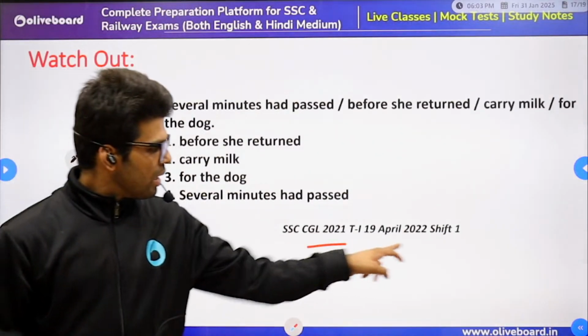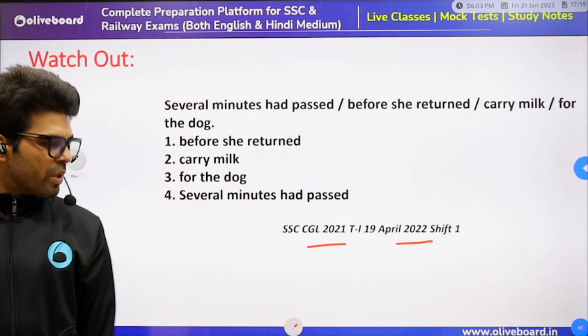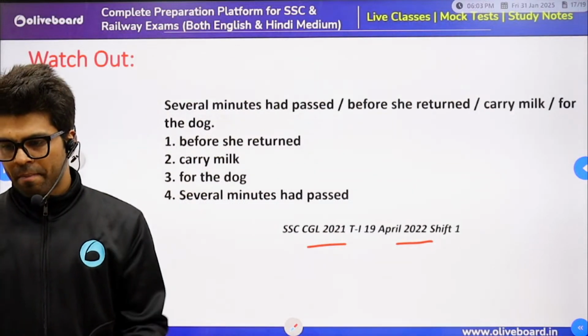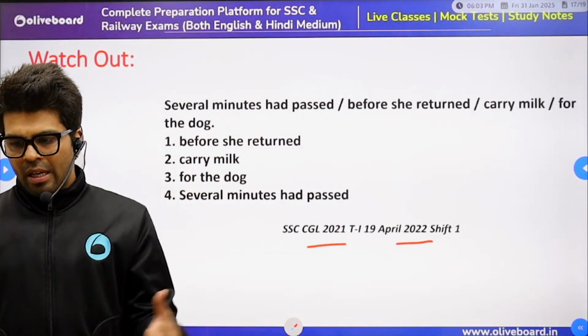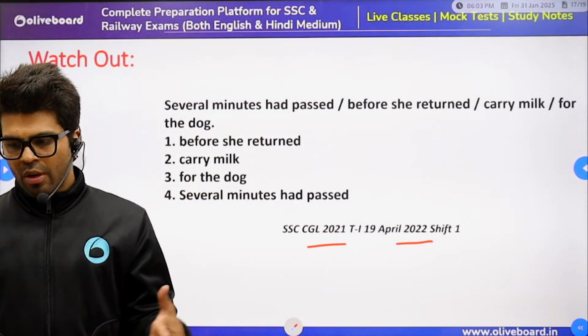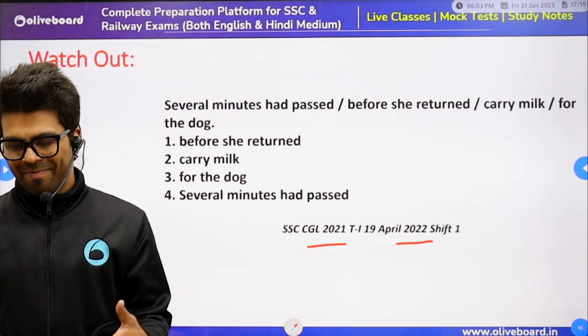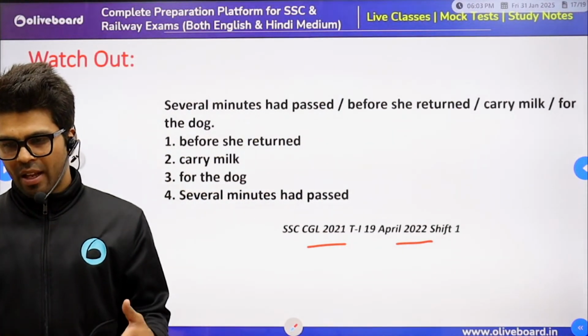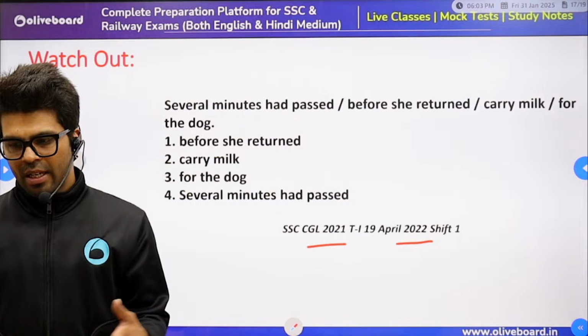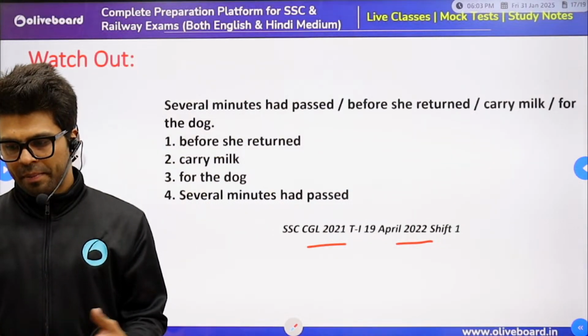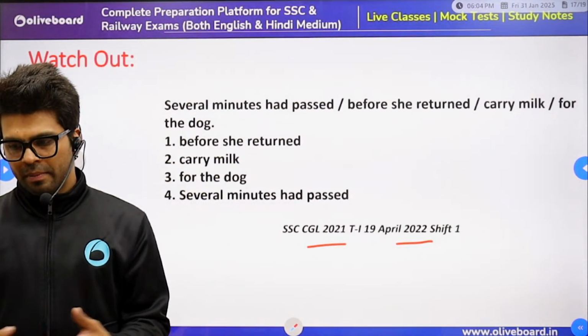CGL 21, 19th of April 2022, shift 1. Several minutes had passed before she returned, carry milk for the dog.